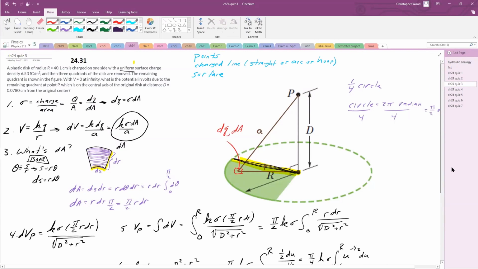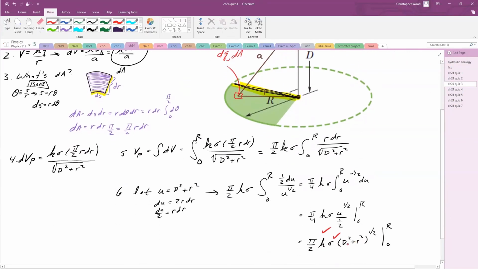Yeah, I do know big D. Careful though. For me, big D is going to equal 0.078 e to the minus 2, because for me, big D is 0.078 centimeters. So it's 0.078 e minus 2 meters. But I do know big D.